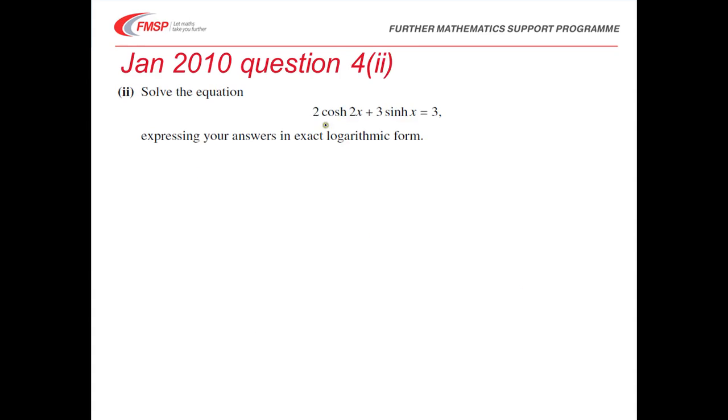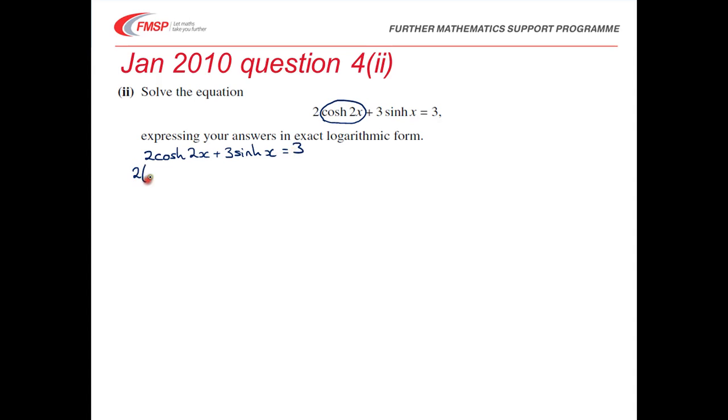For part 2 we're going to use the result from part 1 and replace that cosh 2x with 1 plus 2 sinh squared x. So, starting with the equation as given, 2 cosh 2x plus 3 sinh x equals 3.